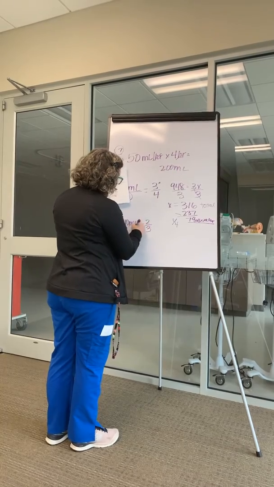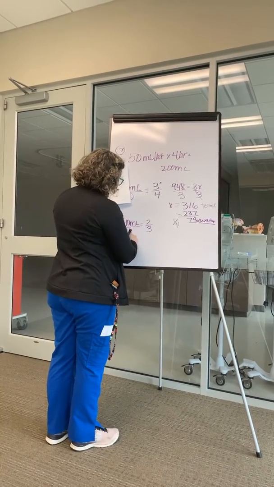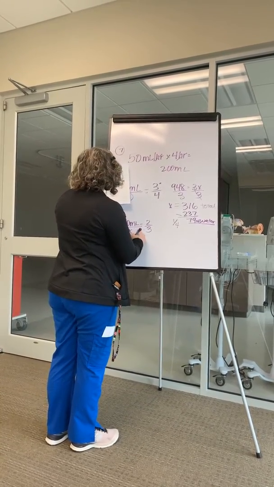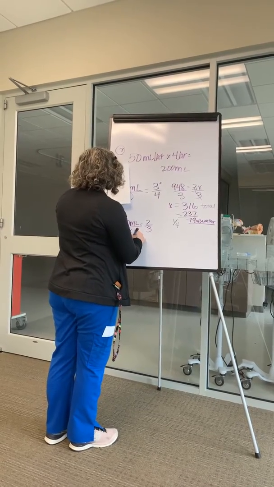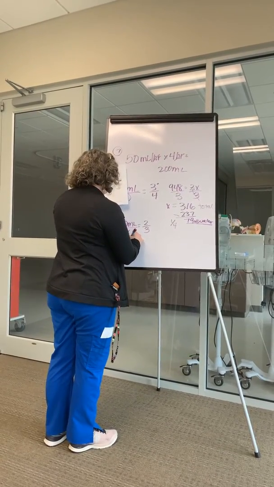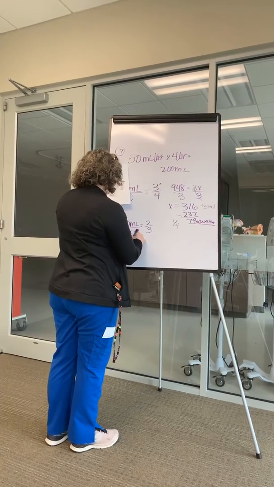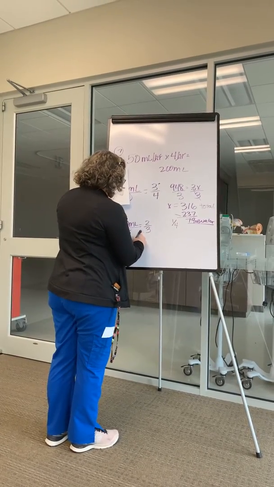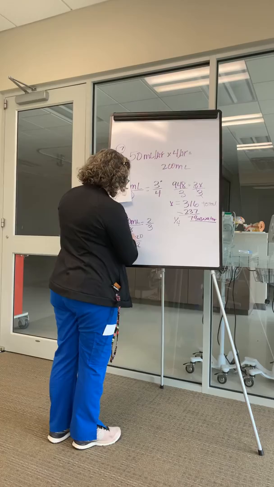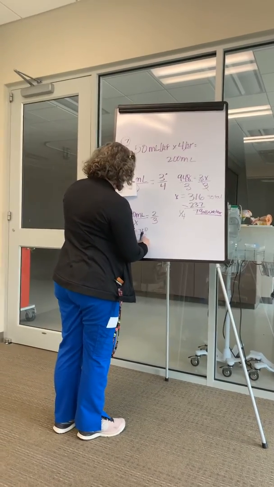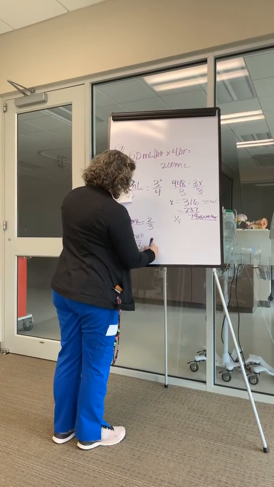So we want 2/3 again. We're going to set it up. So 2x equals, I multiplied it out already. So what's 720 divided by 2 equals 360. So this is your total.